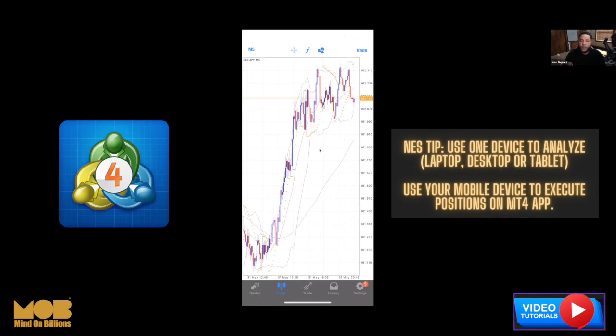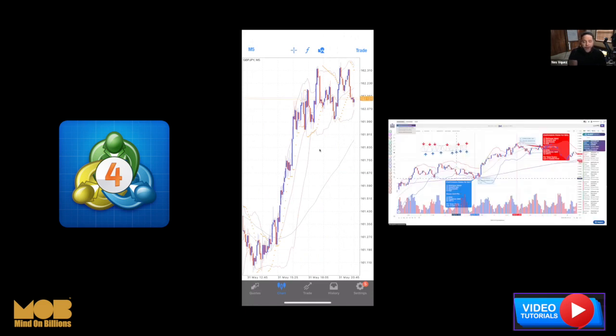You can look at the web terminal for MetaTrader, or you can use a charting software like what I use. Obviously, for those of you that already know about TVX, I use the TVX software such as Liberty.